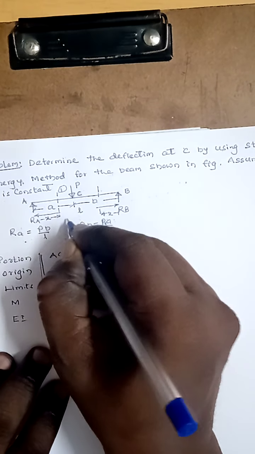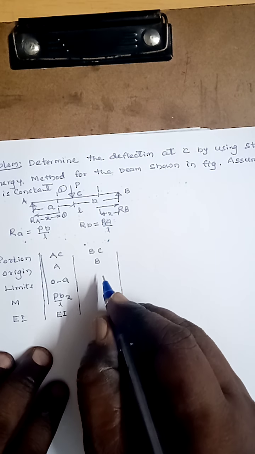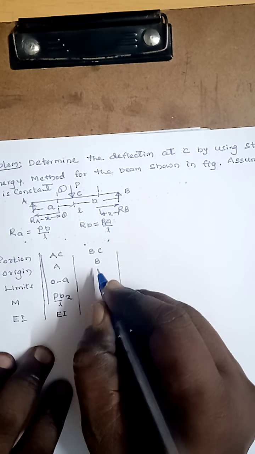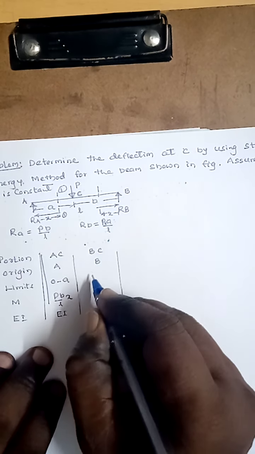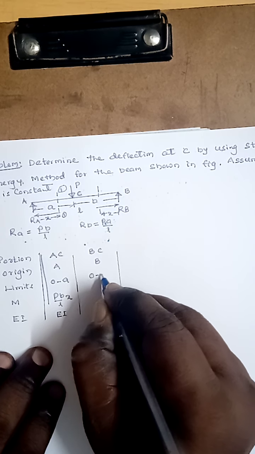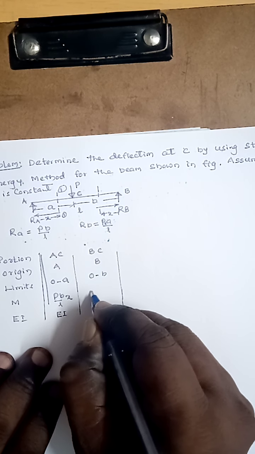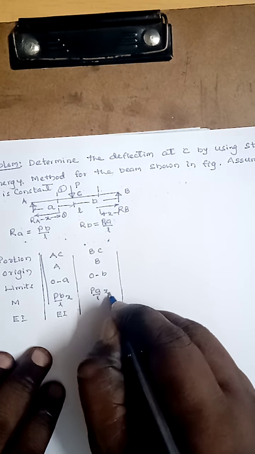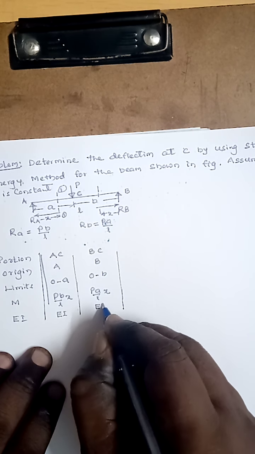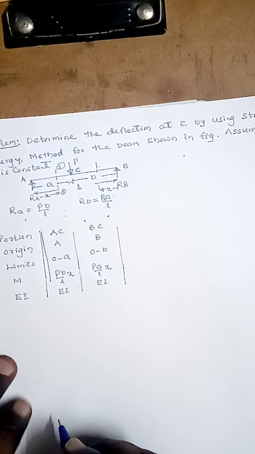The section is at a distance of x from B. Then the bending moment at section line in portion BC, the limits are x varies from 0 at B and maximum at C, the limits are 0 to B. Then the bending moment is P into A by L into x. Here EI is constant from A to B in both the portions.